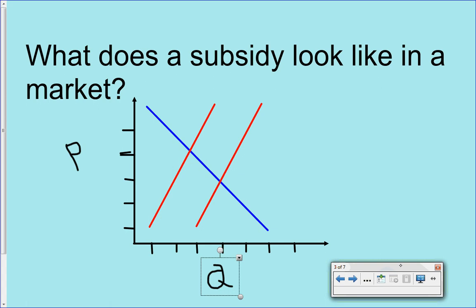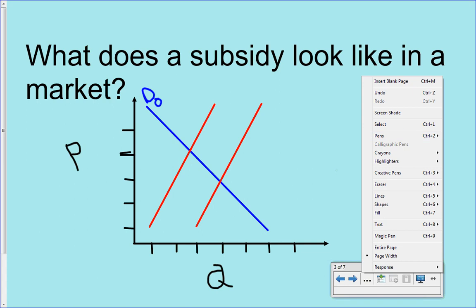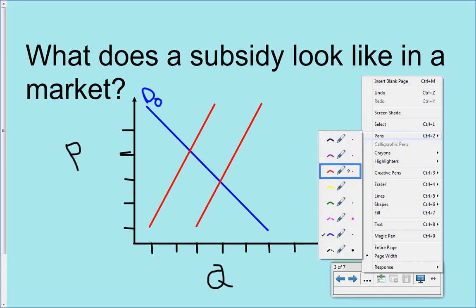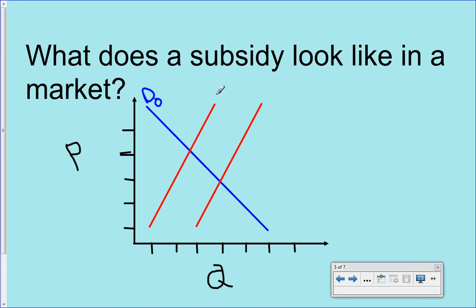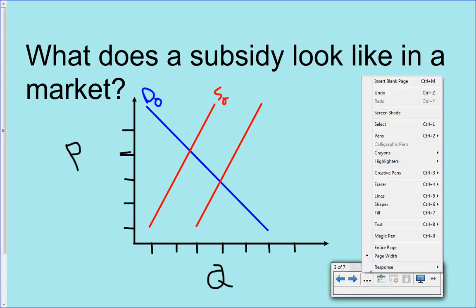So what does a subsidy look like in a market? This is our supply and demand curve, as you all should be familiar with by now. What we have here is our initial supply curve and our initial demand curve.